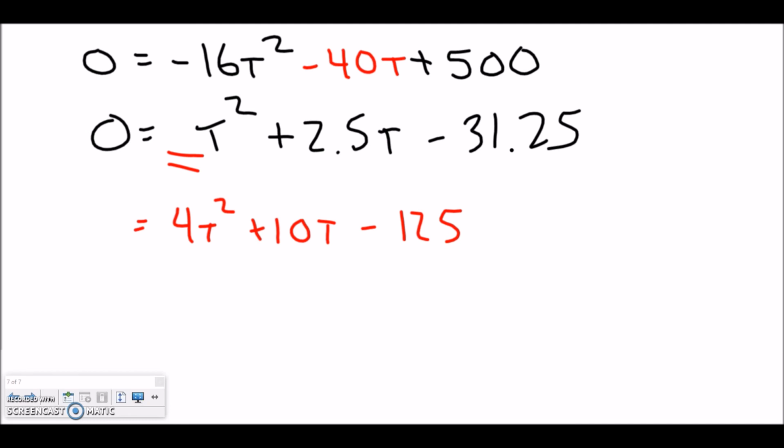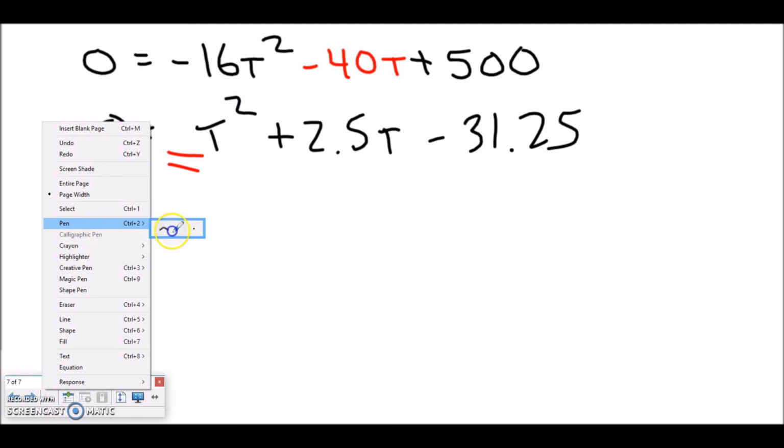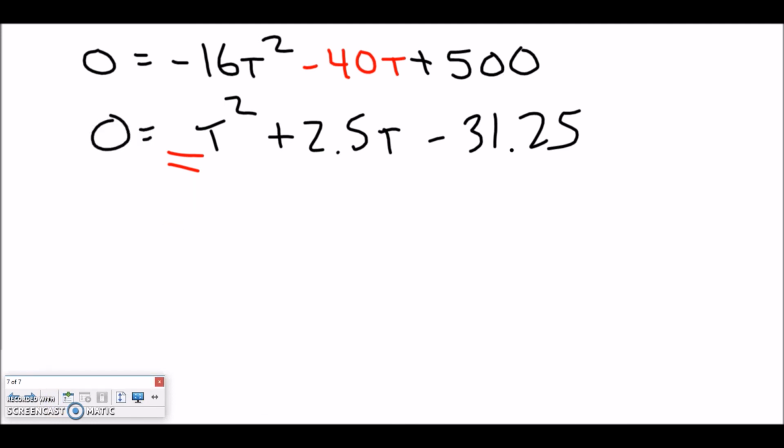I'll just tell you that this doesn't factor. So let's just go back to this equation and ask yourself, do you want to complete the square or use the quadratic formula? With decimals, I'm just going to go straight to the quadratic formula. You can complete the square if you want. You'll get the same answer if you follow the steps. But I'm just going straight to quadratic.